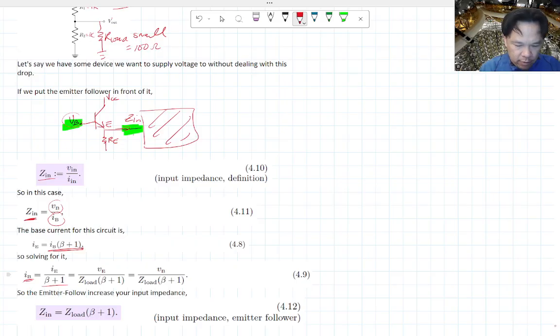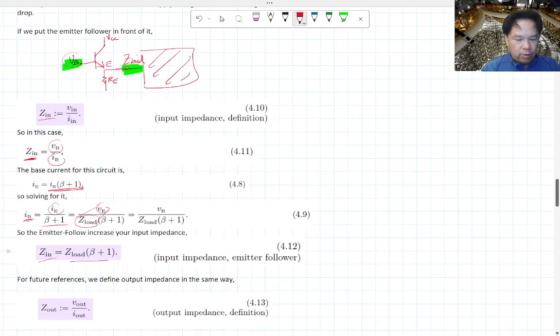In fact, if you convert this current to VE over the load current, I guess they call this load instead of ZN, that's fine, the load of your device. What happened is that you basically increase your device's input impedance by a factor of beta plus 1. So typically this will be about 100.